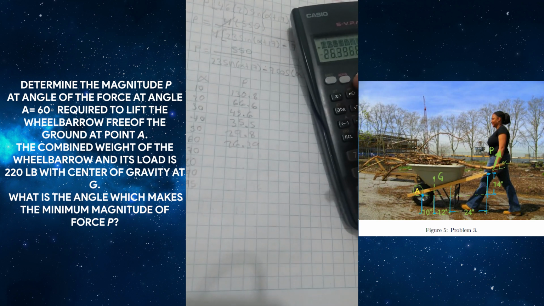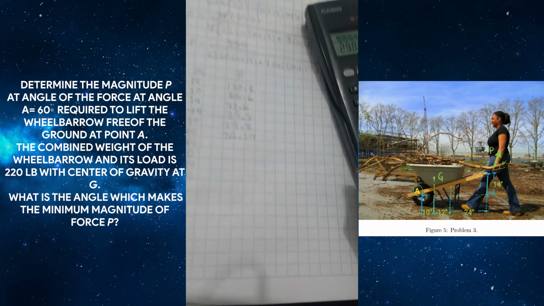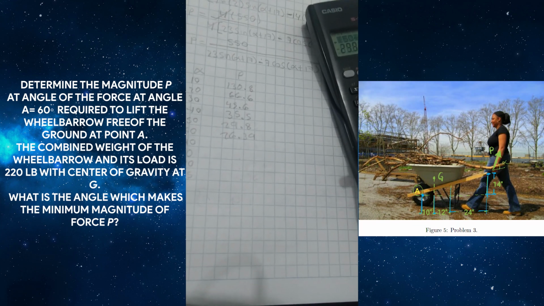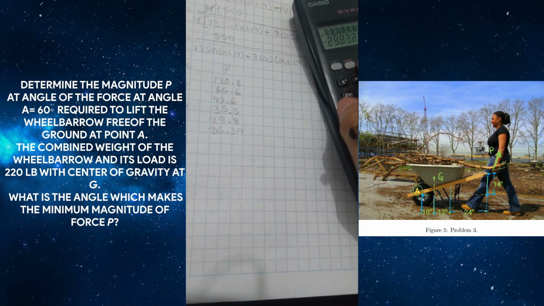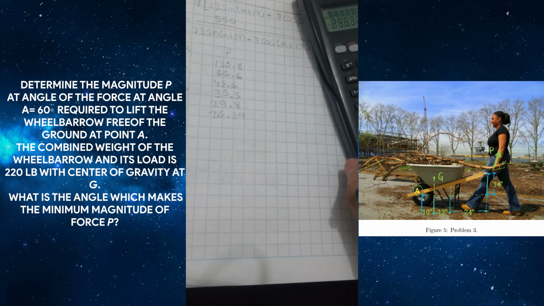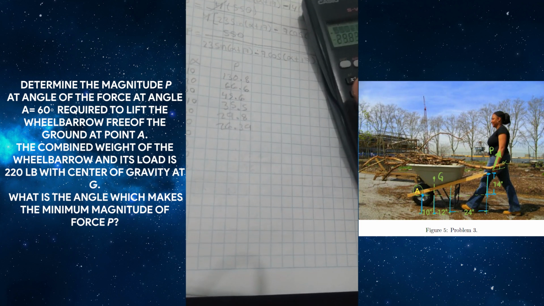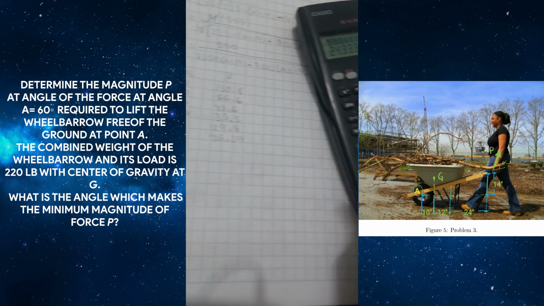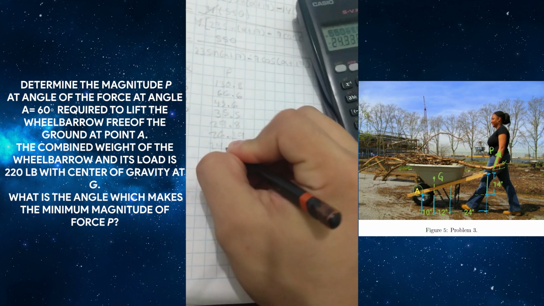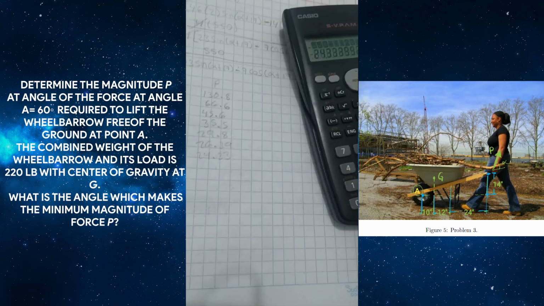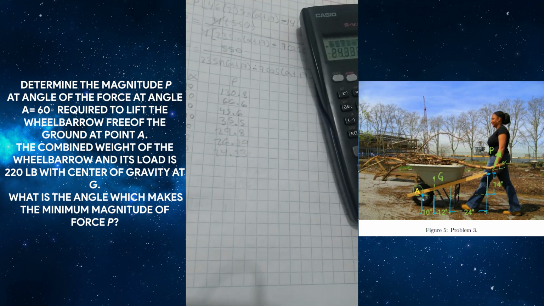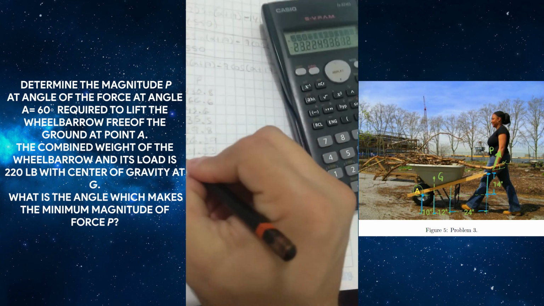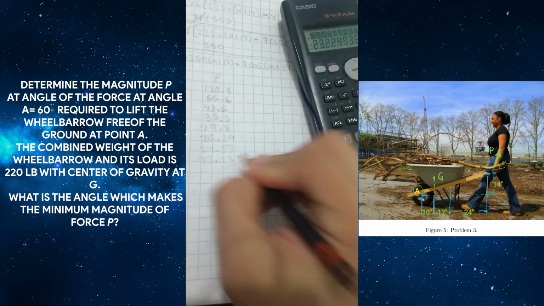For the angle at 70, the value for P is 24.33, at 80 is 23.22.